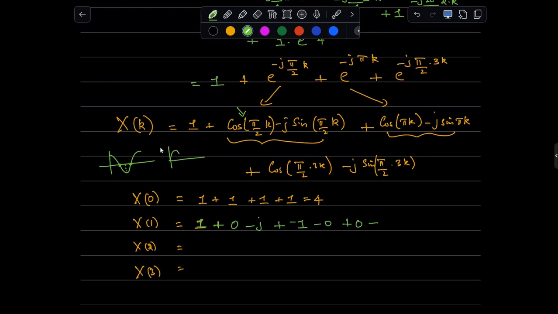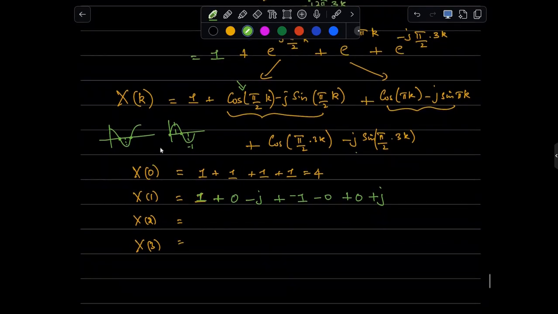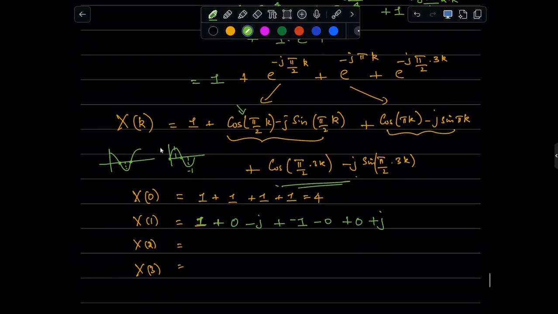Sine function is something like this: pi by 2, then 2 pi, and this is minus 1. So sine of that is minus 1, so minus j into minus 1 will become plus j. This is how to calculate. I'm not showing the complete calculation, that is not needed for this problem, so you have to calculate like this.